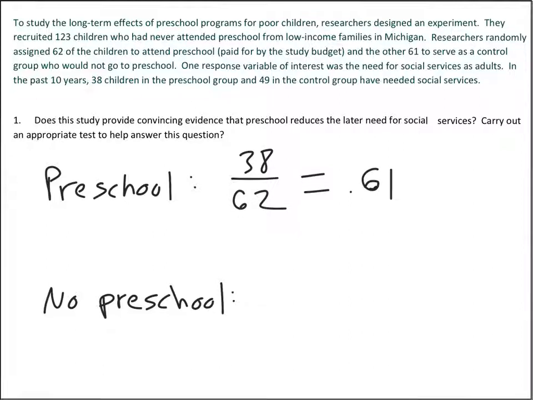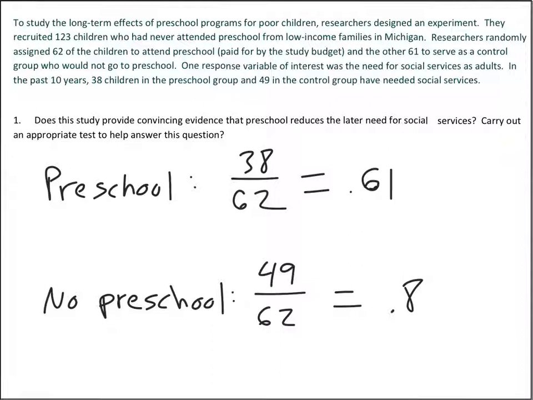So the idea of the study is to track long term for those that were sent to preschool: how did those rates play out for their need for social services later in life? And here's what the paragraph is getting at. For those that were sent to preschool, 61% still needed some type of social service later in life.